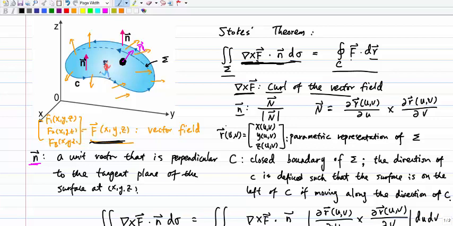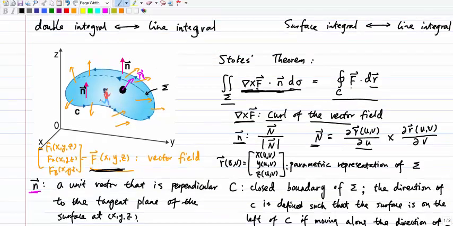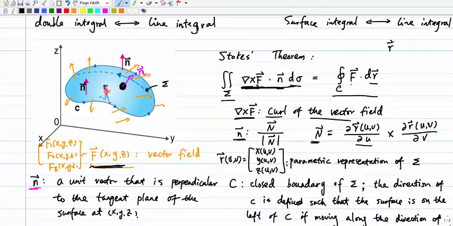This n is the unit vector that's perpendicular to the tangent plane of the surface. In particular, this n is computed as a vector divided by its own norm. This vector is given by the partial derivative of r(u, v) with respect to u, cross product the partial derivative of r(u, v) with respect to v. So you can imagine here this r is r(u, v).